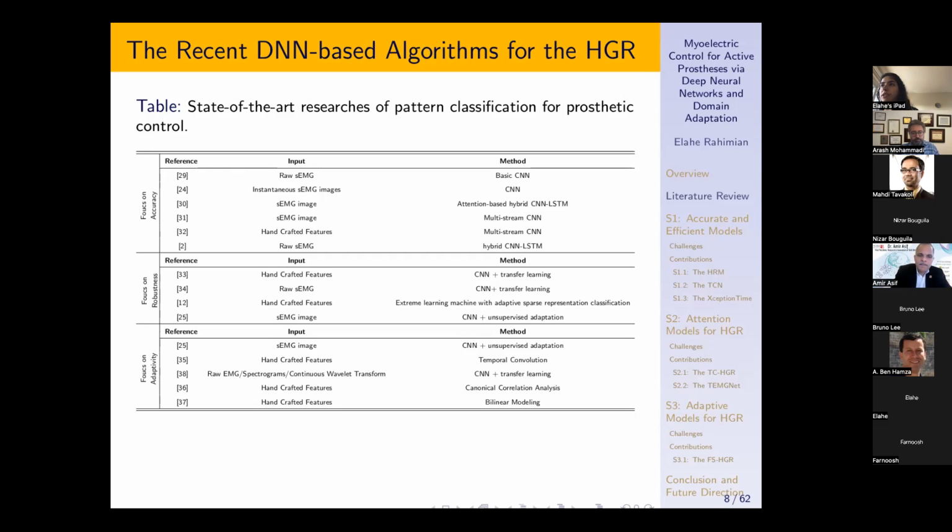Different methods are presented, for example, CNNs, hybrid CNN-LSTM, or transfer learning approaches. The focus can differ: improving accuracy, improving robustness to electrode shift or electrode location, or focusing on adaptivity for new users or new gestures. This completes the literature review and the introduction.